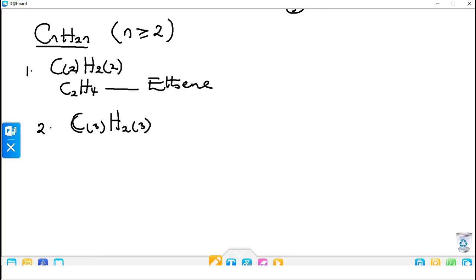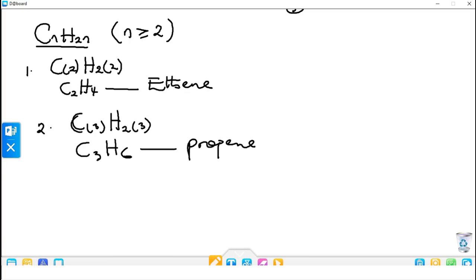N is not starting from 1 in the case of the alkene family. It is greater than 1. So n is from 2 and above.